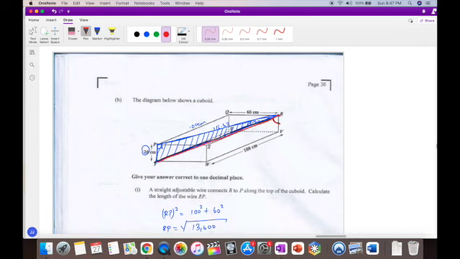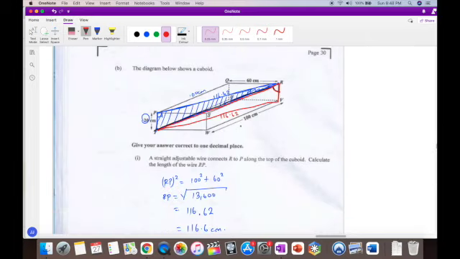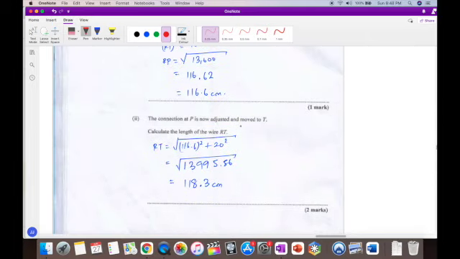So we could see here that if we do this and this, we have a red right angle triangle here, where we know the base will be parallel to the one on top. So this base is going to be 116.62, and we just worked out the hypotenuse, which is 118.3.